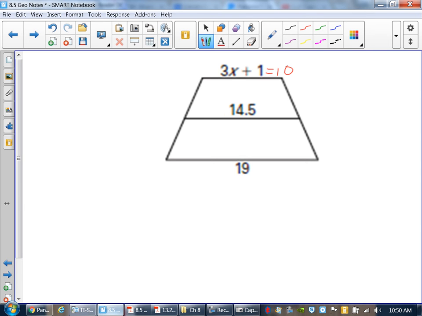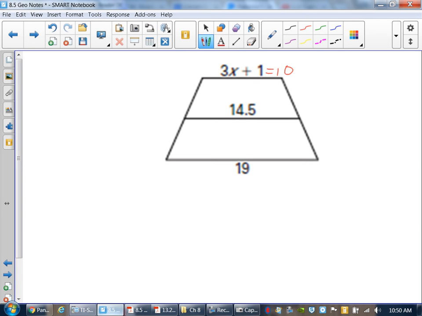Going from 19 to 14.5, do you go up or down? Down. How many? 4.5. There you go. So that's what you're doing. So then what's x going to equal here? No, the difference is the 4.5.